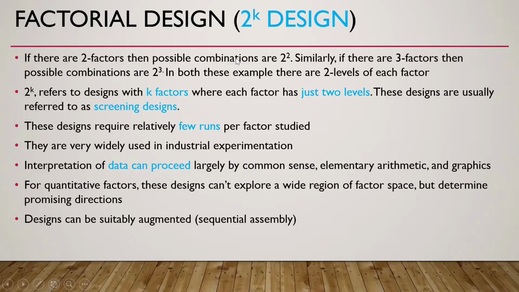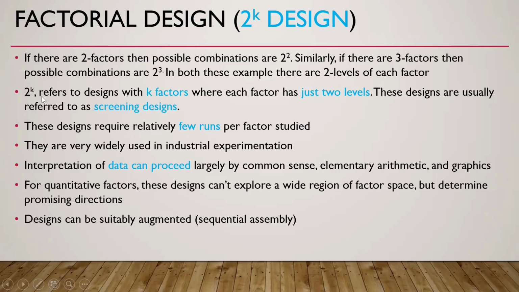However, let us see the 2^k design. If there are 2 factors, then possible combinations are 2 to the power 2. Similarly, if there are 3 factors, then possible combinations are 2 to the power 3. In both these examples, there are 2 levels of each factor.